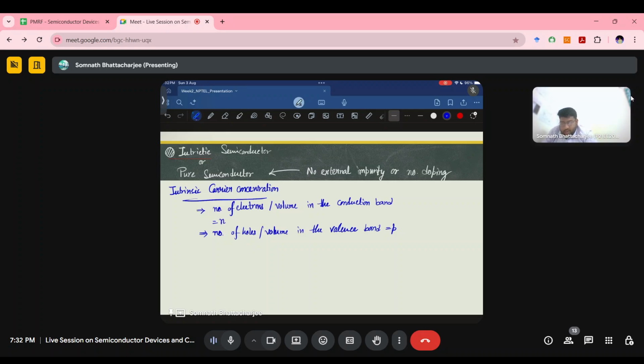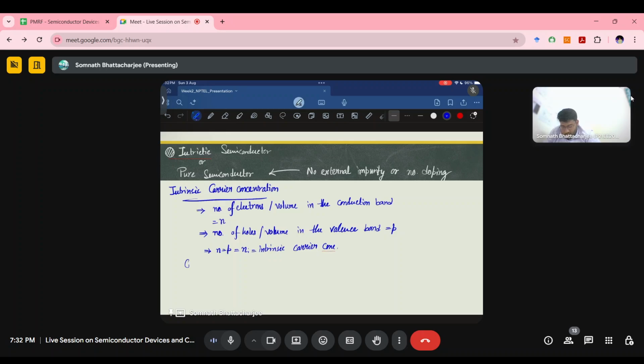As the number of electrons jumping from the valence band to the conduction band is exactly the same as the number of holes generated, we can say that n equals p. So we term it as ni, that is the intrinsic carrier concentration.